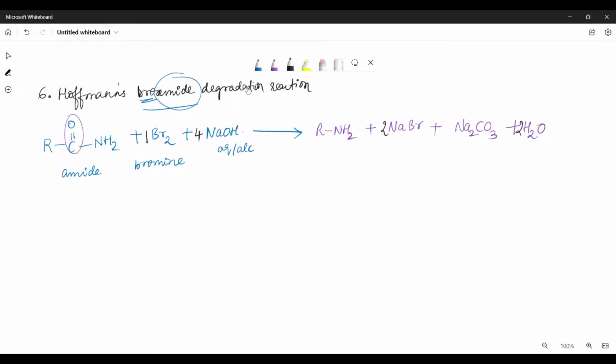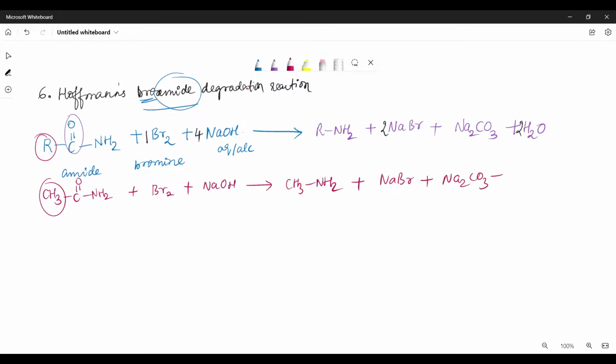So very simple, and the main important thing to note in this reaction: if I take CH3 C double bond O NH2 plus Br2 plus NaOH, what will I get? In place of R I have CH3NH2, and I'll get NaBr, Na2CO3 and H2O. Observe one thing here: you have 2 carbons.